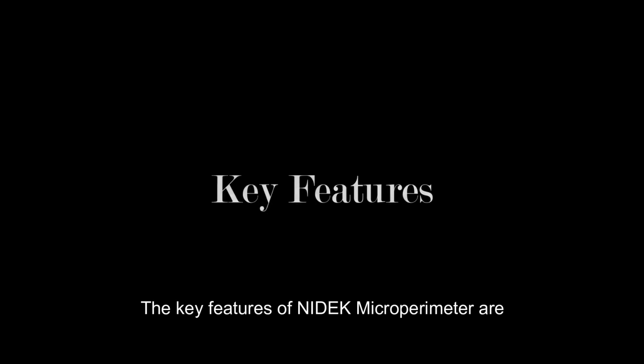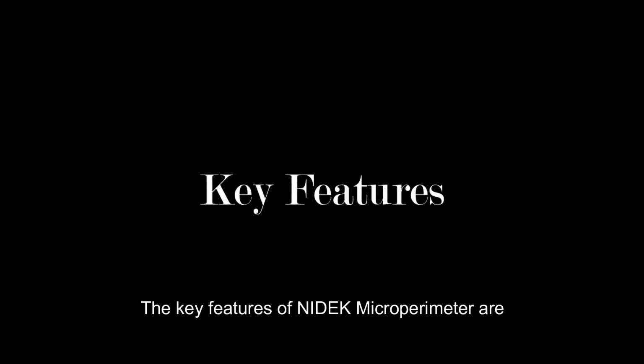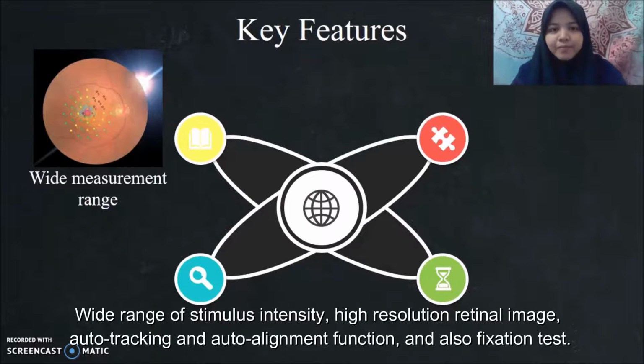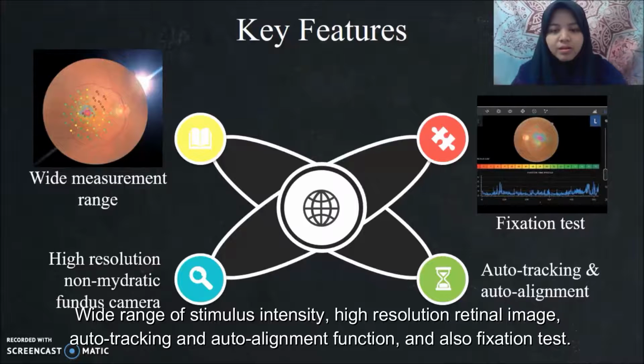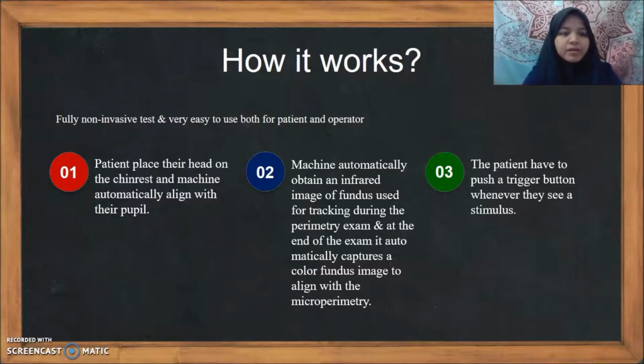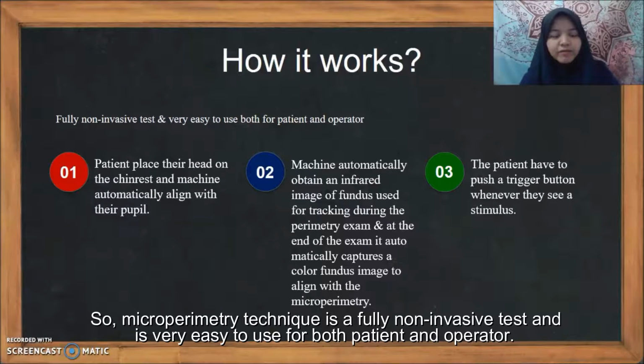The key features of NIDEK microperimeter are a wide range of stimulus intensity, high-resolution retinal image, auto-tracking and auto-alignment function, and also fixation tests. The microperimetry technique is a fully non-invasive test and is very easy to use for both patient and operator.